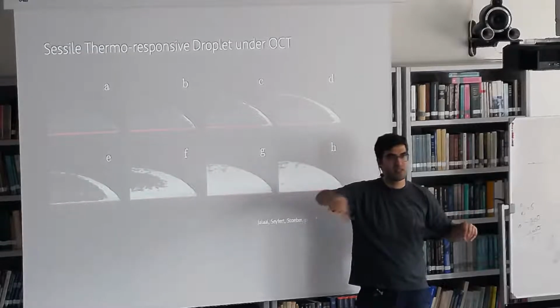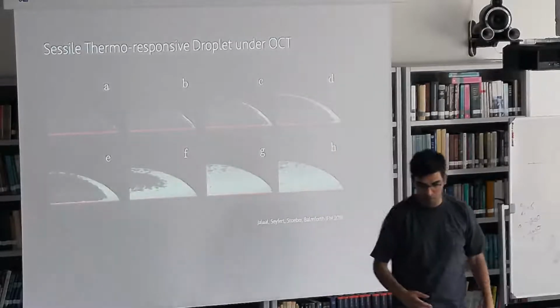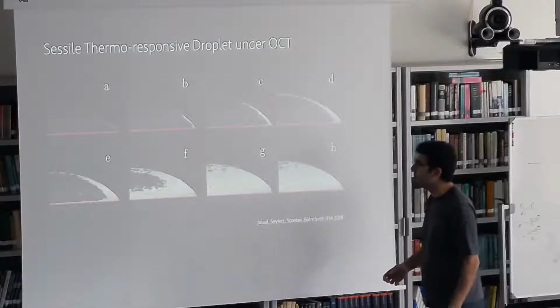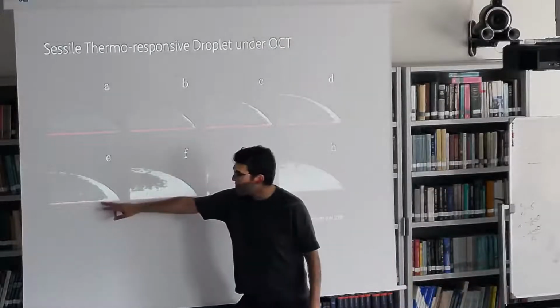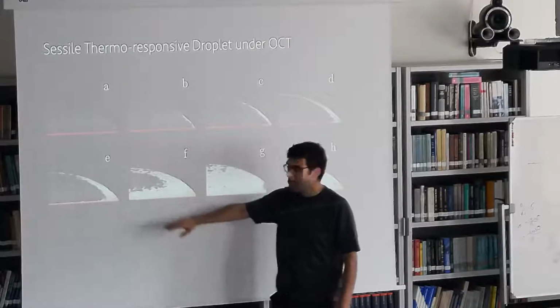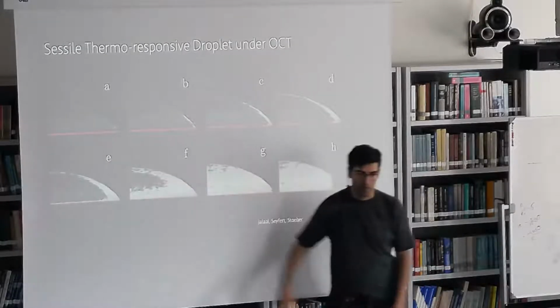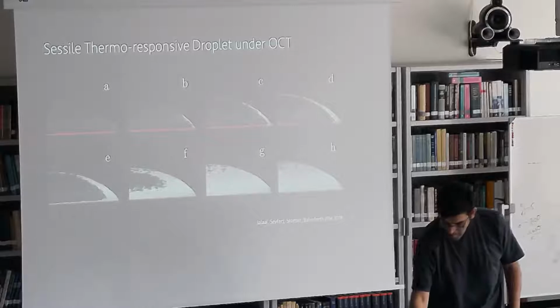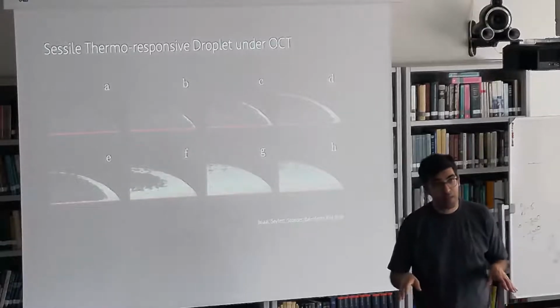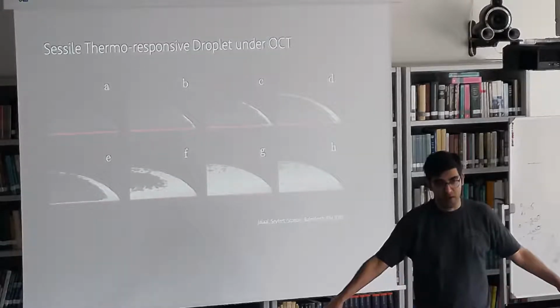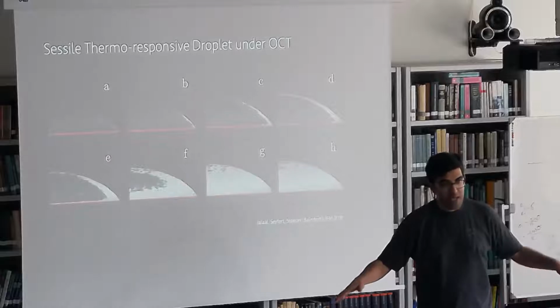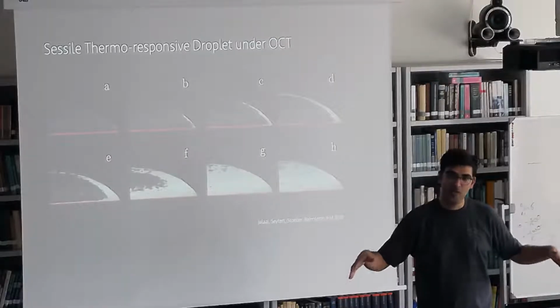Because if you remember, this transition from liquid to solid was also polymer concentration dependent. But at some point, the heat conduction kicks in, and that's the layer that is a solidification, in the bulk solidification, if you want to name it. Okay. So we use the same method to look at droplets that are slowly spreading on a surface to see when a solidifying, the spreading droplet stops moving.